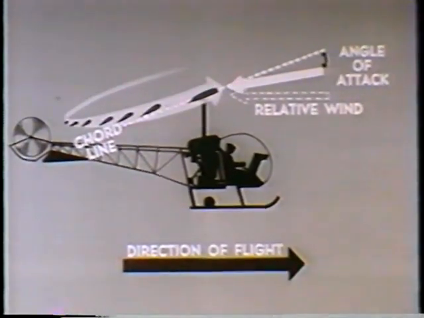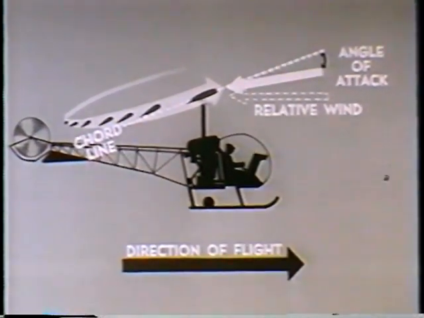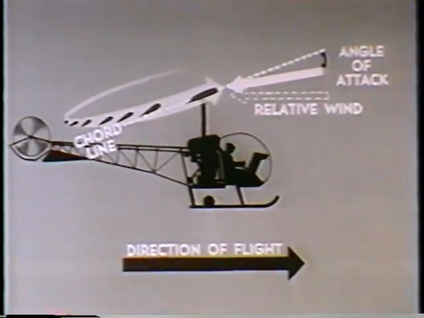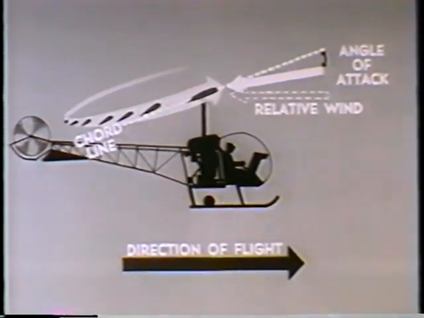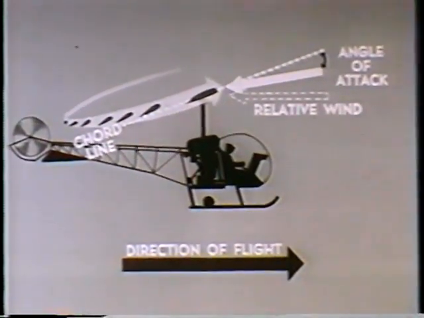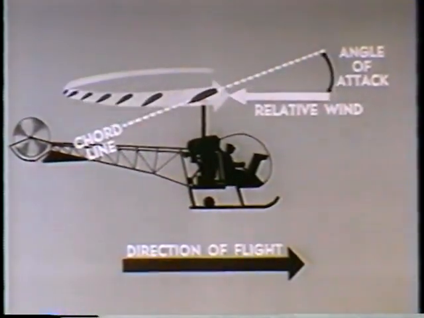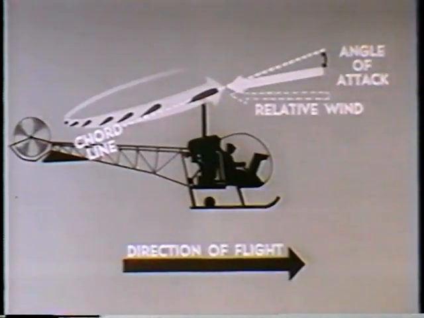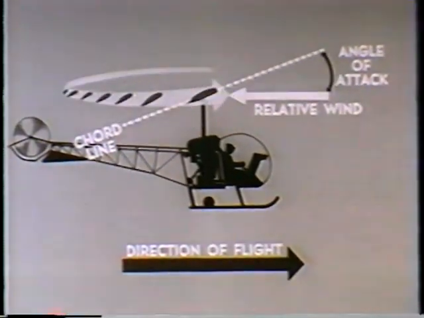This new path taken by the blade through the air results in a smaller angle of attack. A smaller angle of attack results in a reduction of the amount of lift. Thus, simply by allowing the advancing blade to flap up, we reduce the amount of lift which it produces. It is this difference in the relative wind caused by the flapping action which reduces the amount of lift.